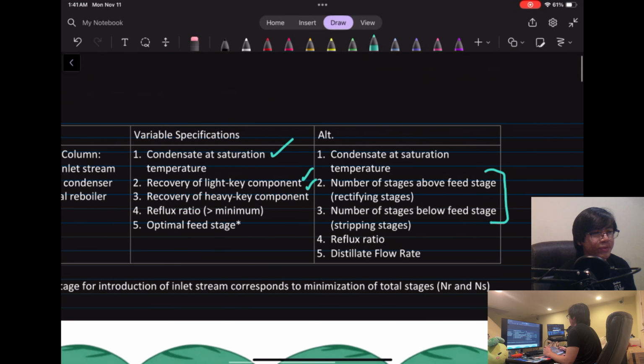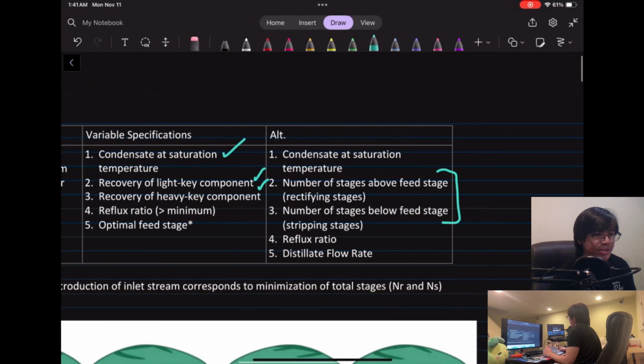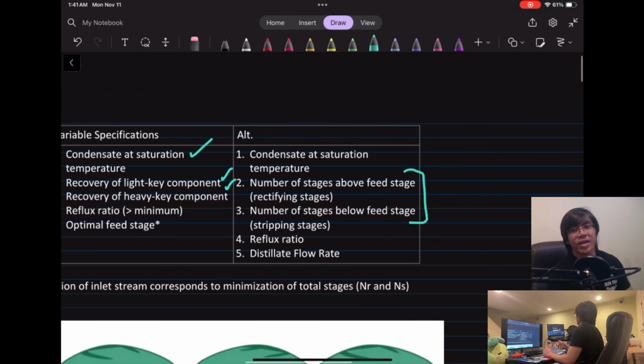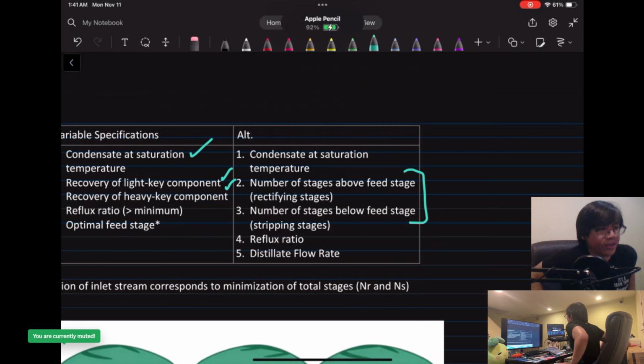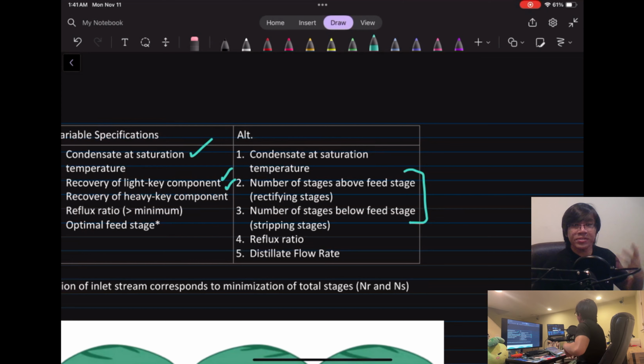I guess the example we could say is I didn't want to specify this. I wanted to specify the mole fractions. Honestly, this is no more typing, it's just talking. So the molar fractions at a certain stage, that's legit. I could do that, but it definitely makes things harder. So let's say I didn't want to specify the number of stages here.